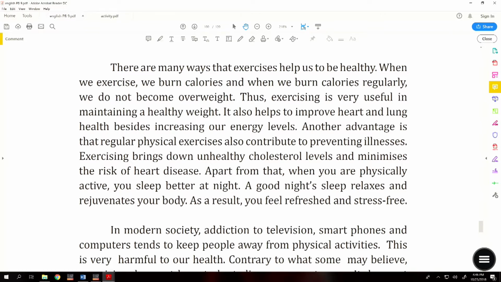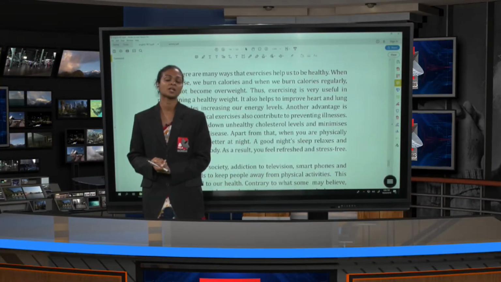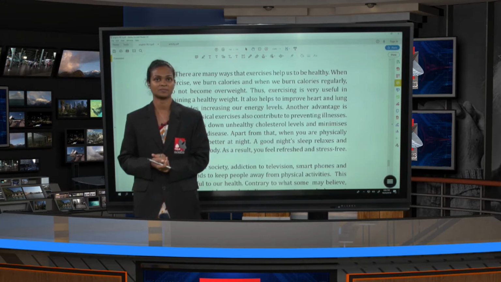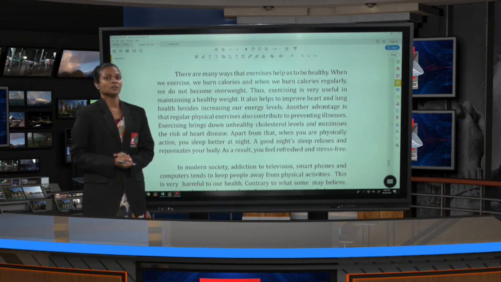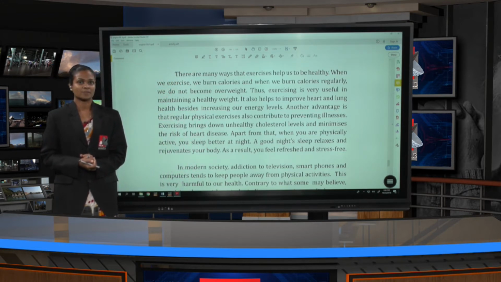Another advantage is that regular physical exercise also contributes to preventing illnesses.